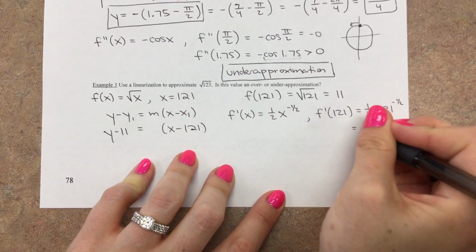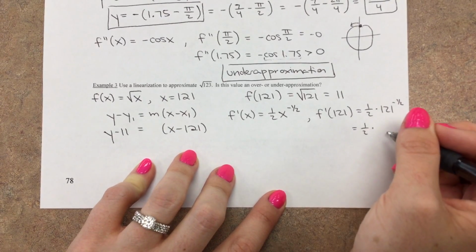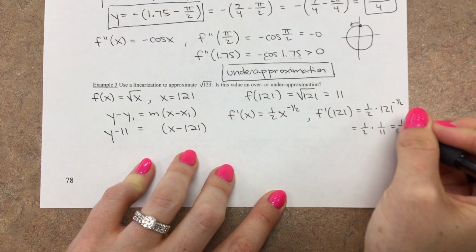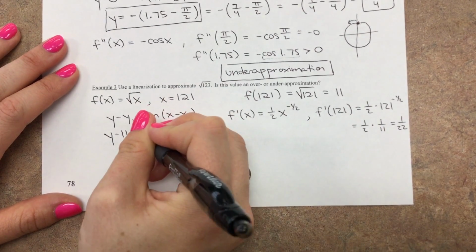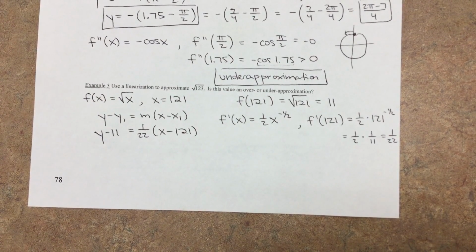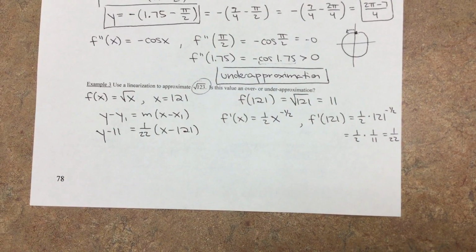So 1/2, and then 121 to the -1/2, remember, means the reciprocal of the square root of 121. So that would be 1/11. So that is 1/22 would be our slope at that point. So we can throw that right into the tangent line. It's 1/22. So we know that now. So once we know that, we can plug in 123 and then get that approximation.